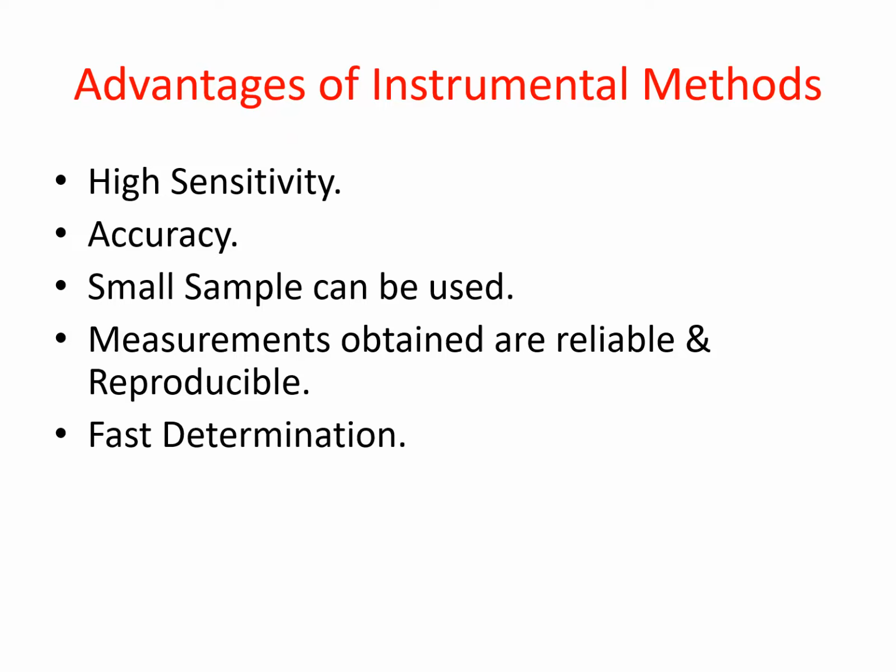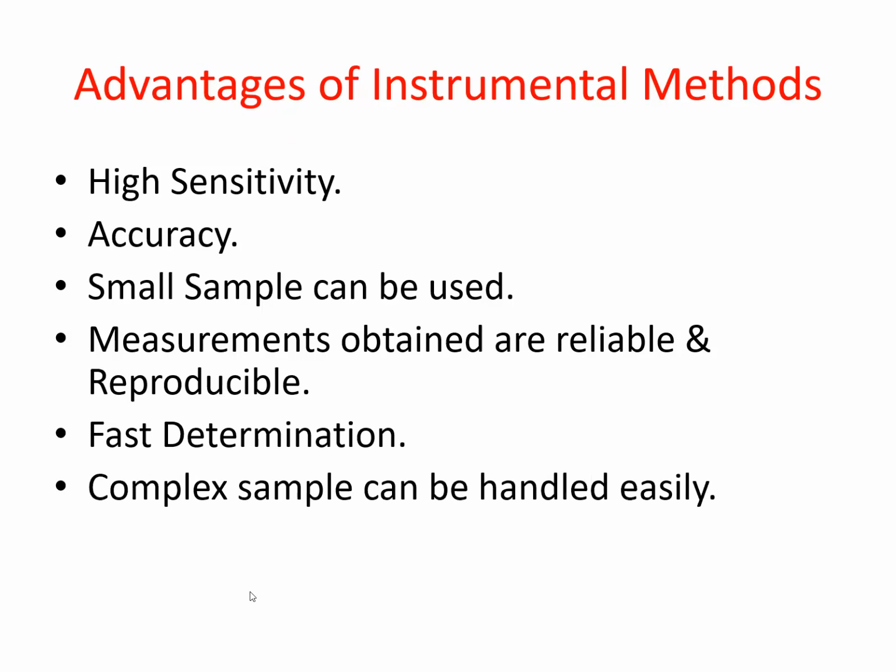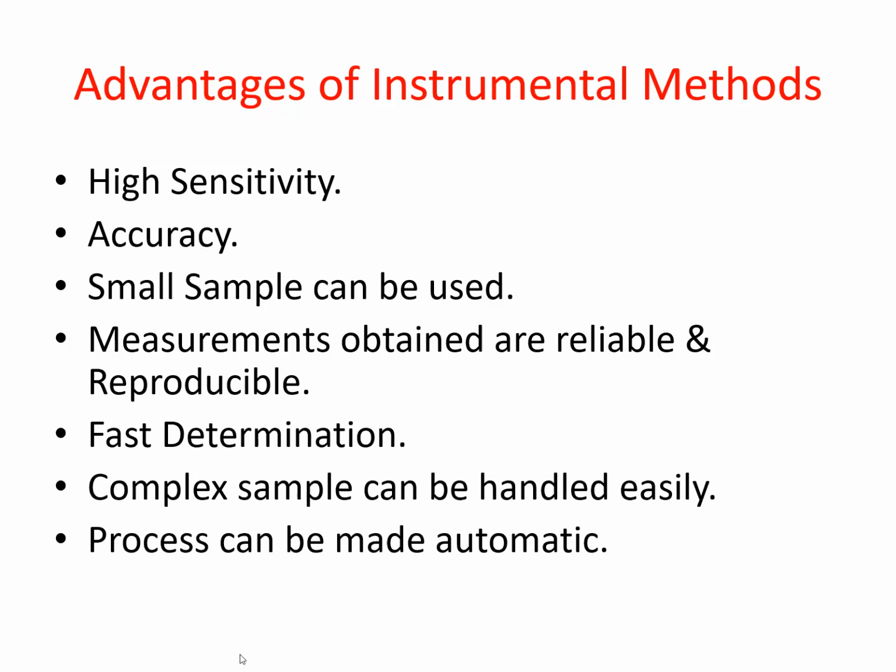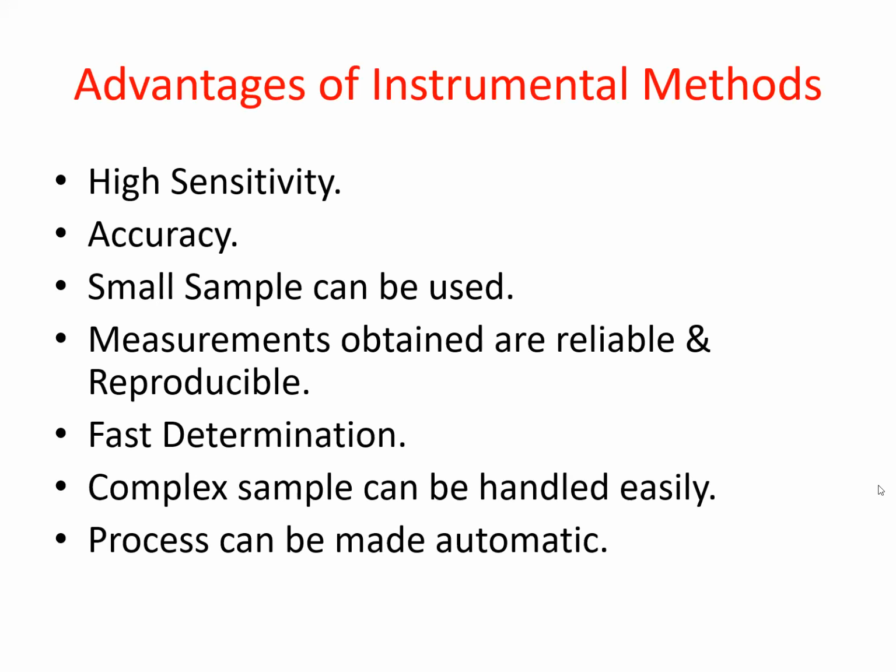Normally, instrumental methods are fast. We have fast determination, and complex samples can be handled very easily. These are some of the advantages of using instrumental methods, and you can automate the process. The process can be made automatic.